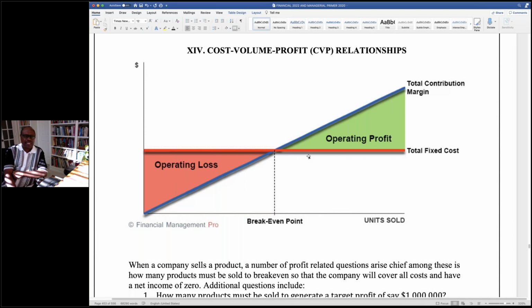If we're starting a new product, new division, new unit, what a company's going to do is say, I've got to at least break even. So if I'm going to create a new location for a store in Pearland, how many do I have to sell to break even?